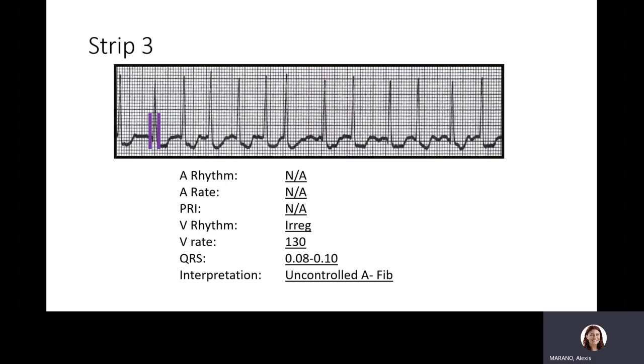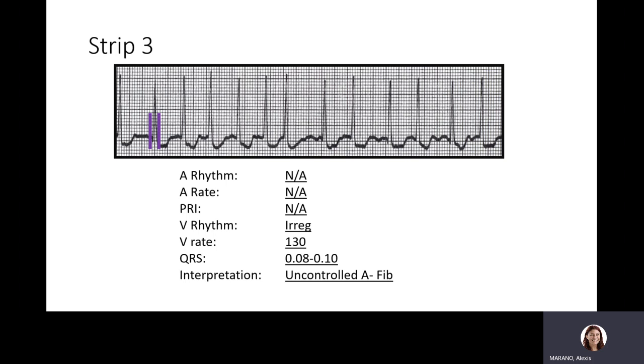Strip number 3. Do you see any discernible P waves? So you're not able to get an atrial rate, and your atrial rhythm will be NA as well. Your PRI is also NA. Let's look at ventricular rhythm. Your QRSs, they do not march out, making them irregular.